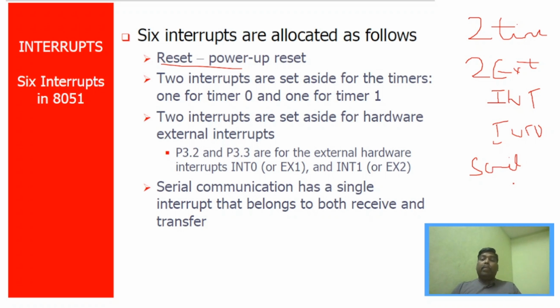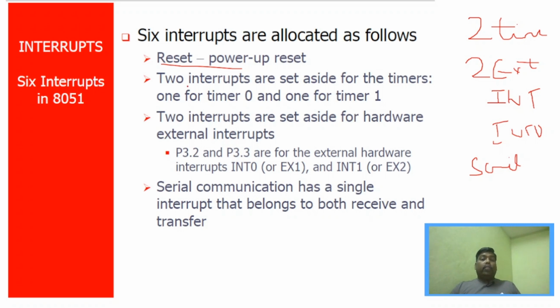We will see about programming the microcontroller for timer interrupts, external interrupts and serial interrupts in subsequent videos. Today we are just going to see what these interrupts are all about. As I said, each and every interrupt has a specific pin and a specific memory location.